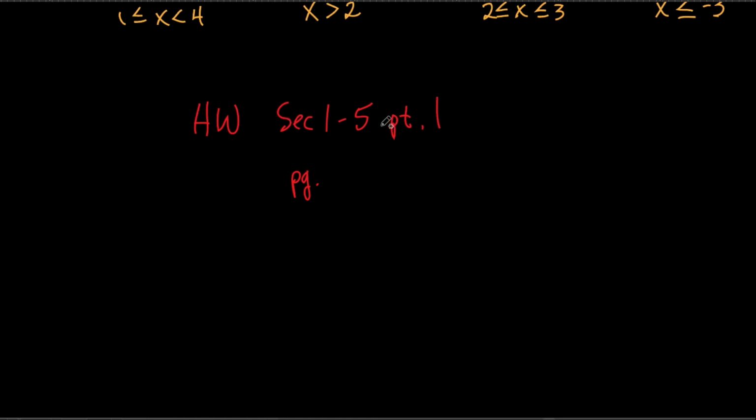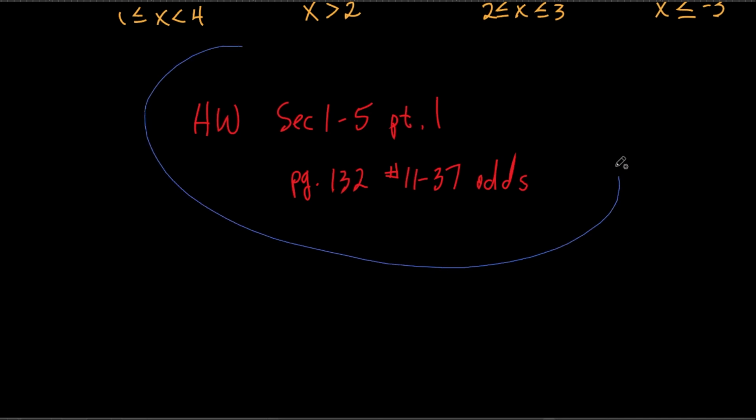I only put section 1.5 part 1. So when I'm putting stuff in the grade book, I'm only looking at that. I'm not looking at what page it is. So it's page 132, and it's 11 to 37, and I'm just giving you the odds, making it super easy for you. So that is your homework right there.